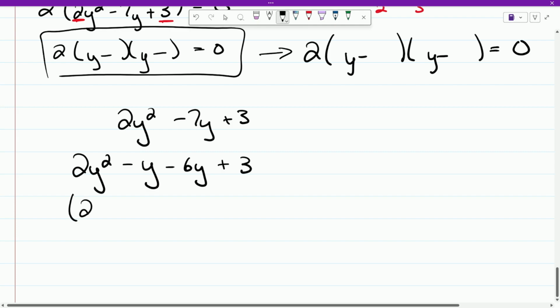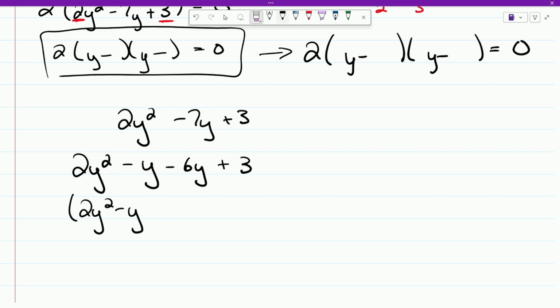We factor this by creating our groups. So group number 1 minus group number 2. And remember, this middle sign, I'm going to highlight it. That middle sign is negative, so the positive changes to a negative in the binomial. Don't forget that.